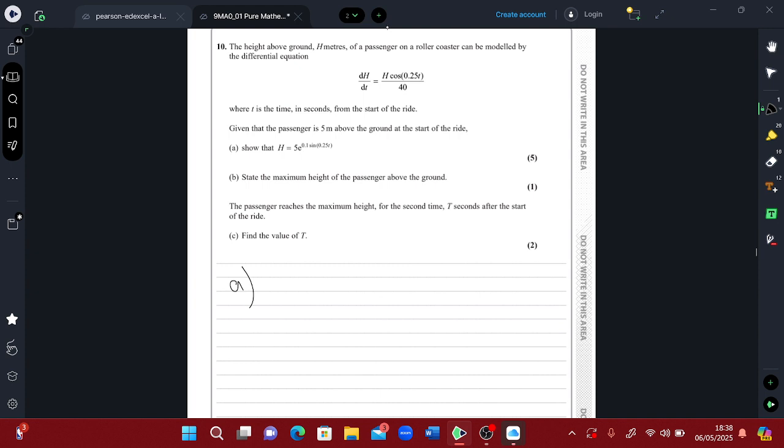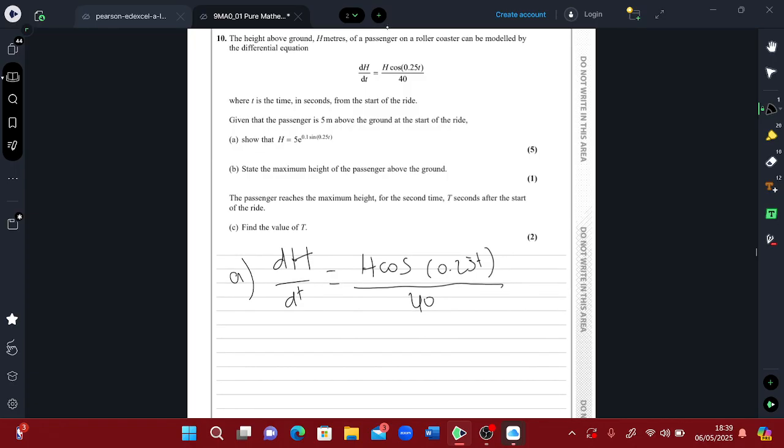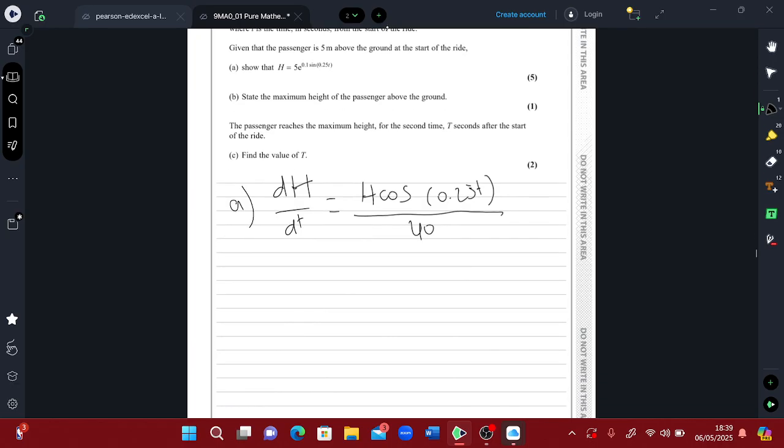Anyway, let's just rewrite what we've been given here. dH by dt is H cos 0.25t, and this time it's in radians. So if you're in this exam, you'd need to check whether to convert from degrees to radians. Now, in normal A level, you'll only be required to separate them.